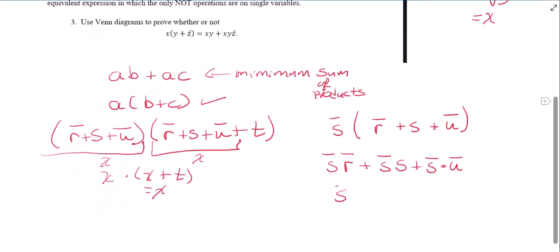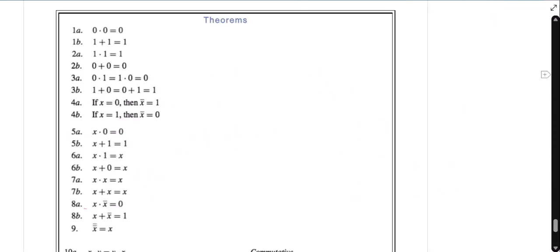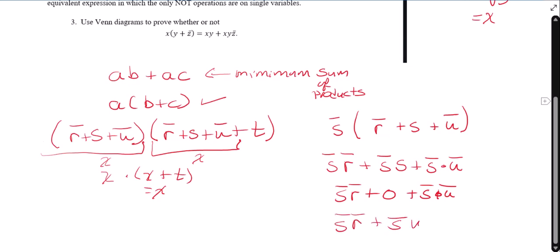So this is 0, and anything ORed to 0 is just itself. So then I get not s, not r, plus not s, not u.